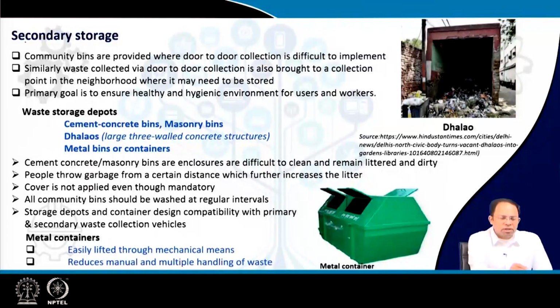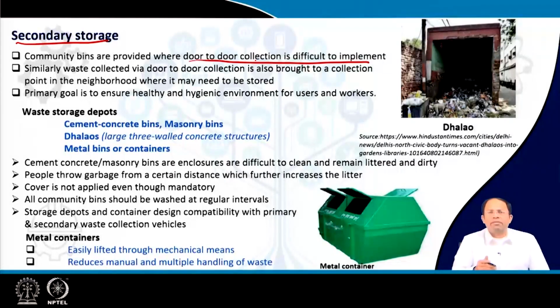So this is one kind of storage, and the other is in some areas where there is no door-to-door collection system, we usually collect waste through community bins. Community bins are provided where door-to-door collection is difficult, and every day people walk a certain distance from their house, maybe 100 to 150 or 250 meters, and throw their garbage in the community bin.